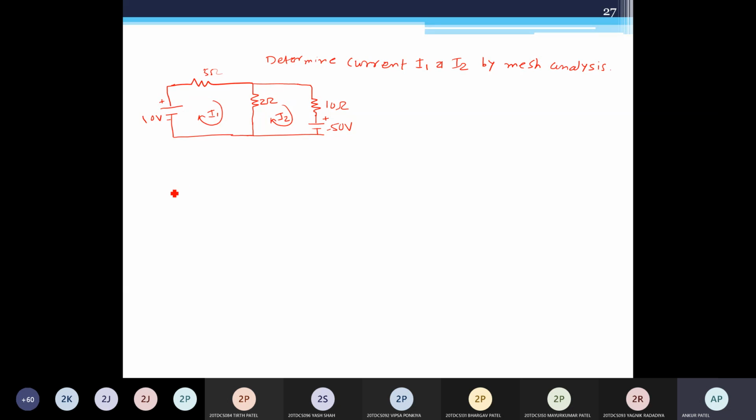So by applying KVL for mesh 1, I can write 10 minus 5 I1 minus 2 (I1 minus I2) equals 0. And for the second equation, this is plus 50, okay.